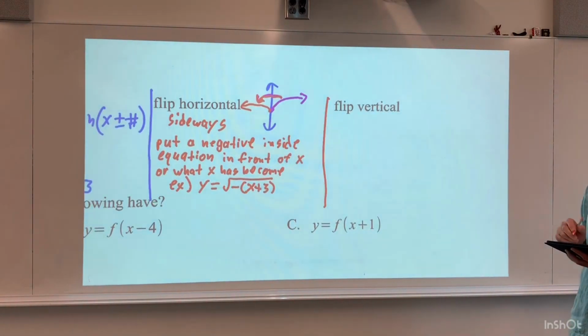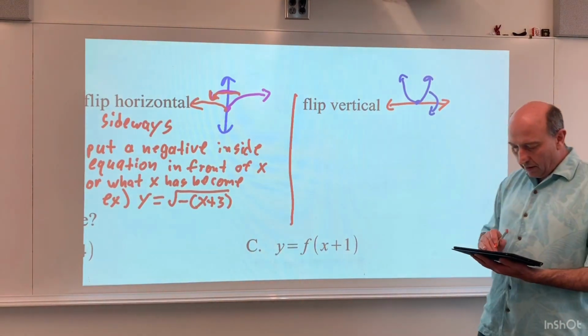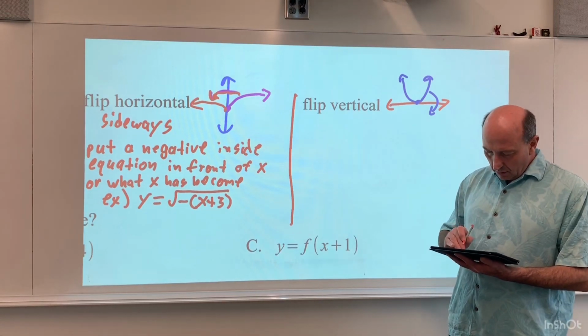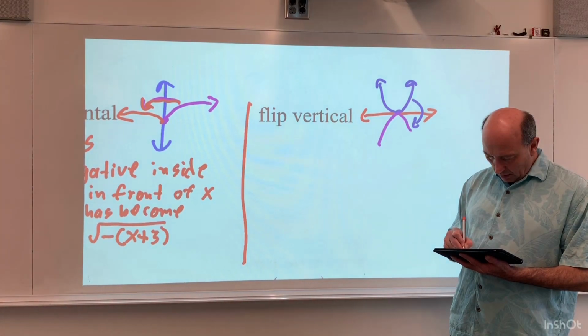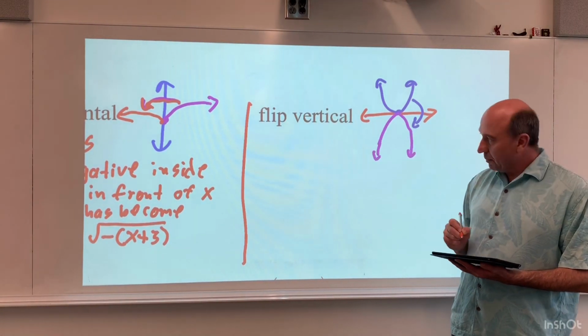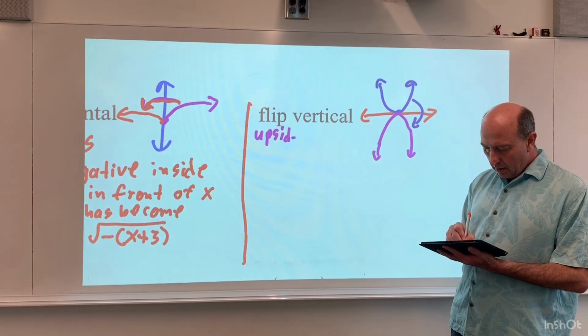A vertical flip is if you want to flip it vertically. So that's like if you have a graph here and you flip it vertically, it would go here. So that would be your vertical flip. Or sometimes I'll refer to that as upside down.